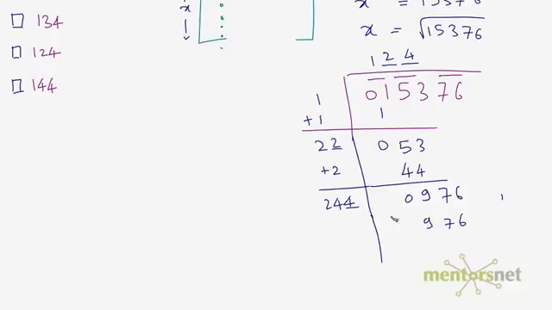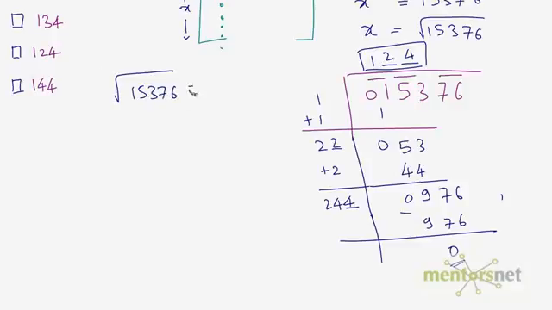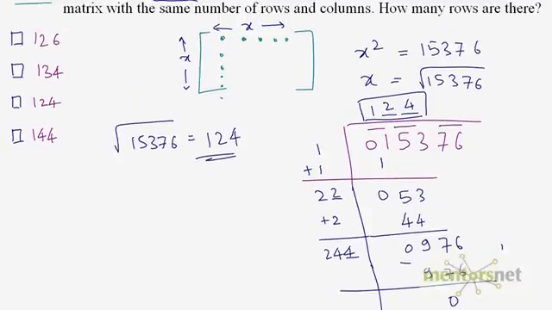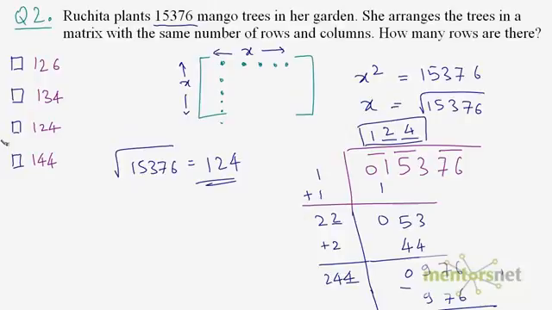So it gives us exactly 976, which when subtracted from itself gives us 0. So we have the square root right there. So the square root of 15376 is equal to 124. Therefore x is equal to 124. So the answer is option C.